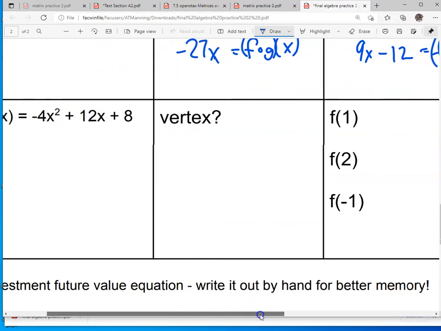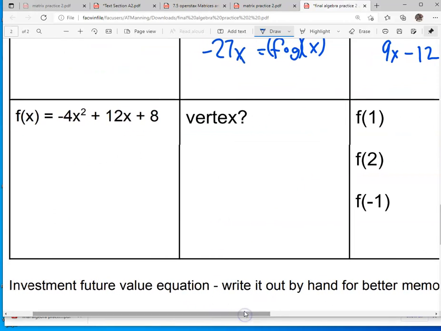This one, they're also going to ask you for f of certain inputs. So we'll do that. Let's find our vertex. That goes back to our quadratic formula. Remember, the vertex is negative b over 2a. Well, this is b, this is a, and this is c.